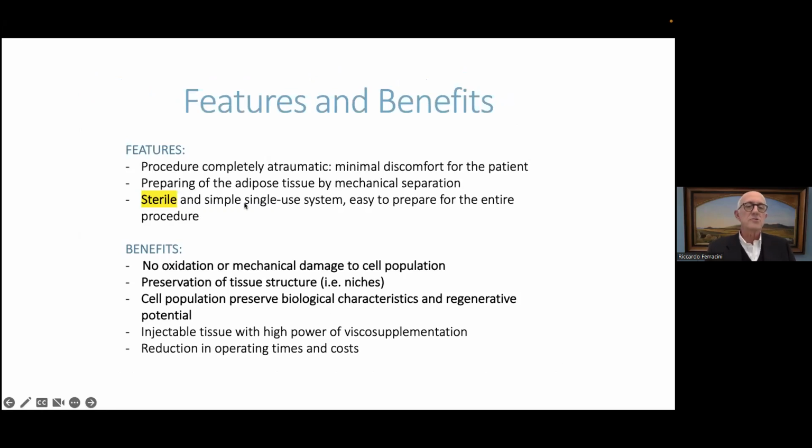The procedure is automatic. It's easy to do. It's sterile, and it allows us to keep the niches, the areas where the precursors of the mesenchymal stem cells are, gently and at biological grade.